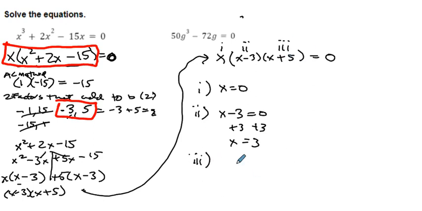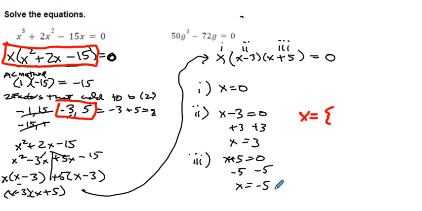Then we have x plus 5 is equal to 0 as well. Because it's adding 5 and I want x by itself, you do the opposite. Algebra is all about opposites. So take that 5 away, you get x is equal to negative 5. And then for my solution set, I'm going to go x is equal to, and I'm going to leave this in the big chubby font here.